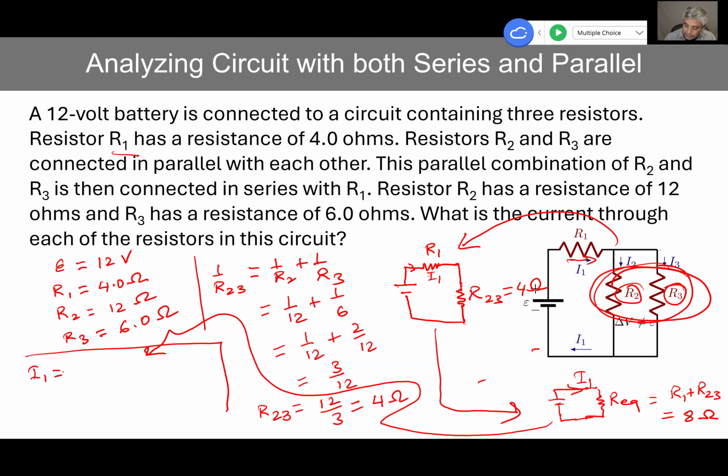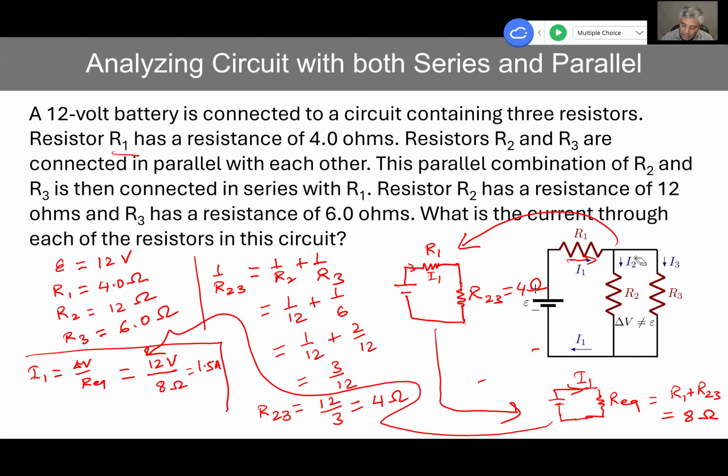So I1 is delta V over R equivalent. And delta V in this case is 12 volt, the EMF, same as delta V. And R equivalent is 8 ohm. So 12 over 8 means 1.5 ampere. Okay. So now we know I1.